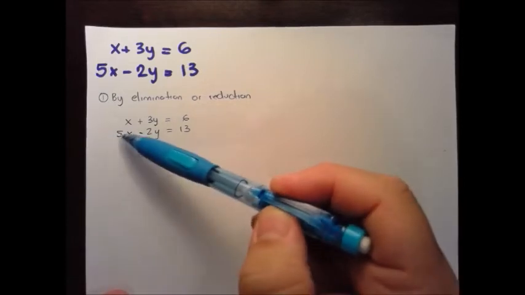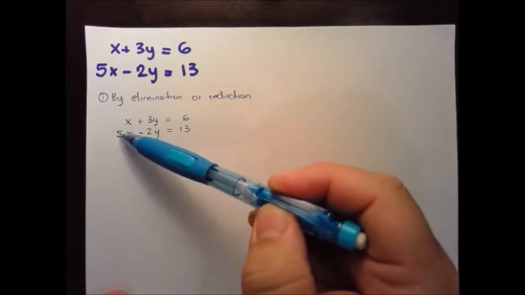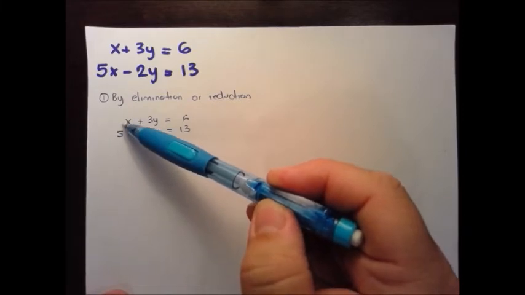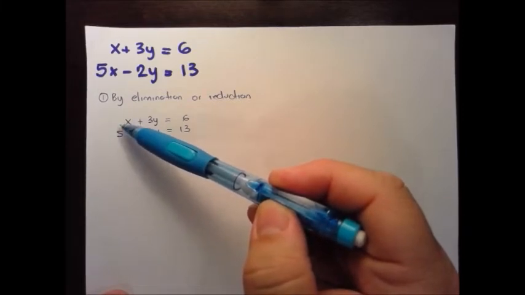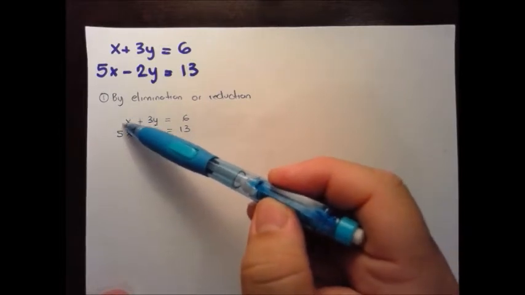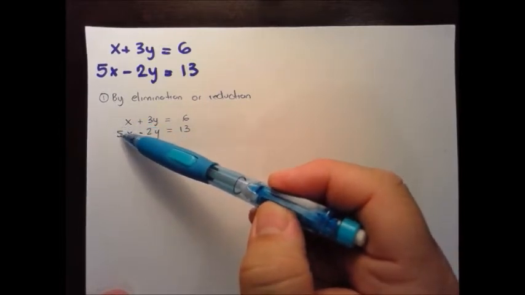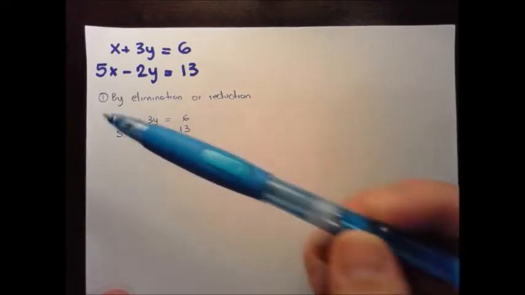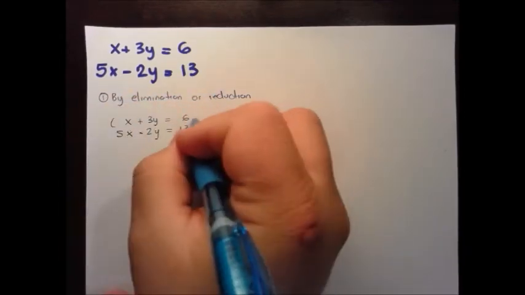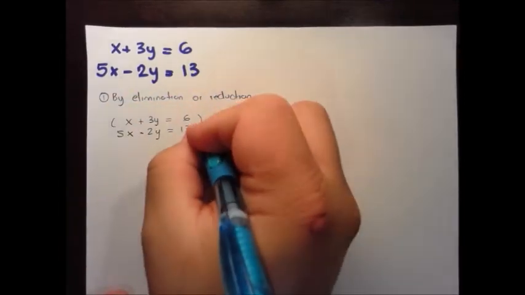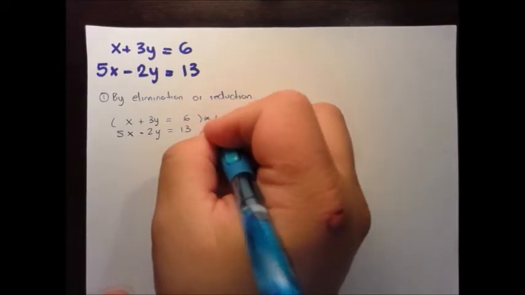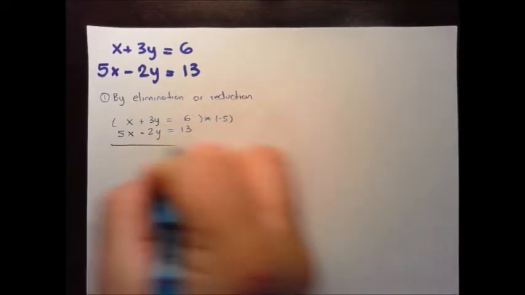What about this one? Can you multiply something by 5 and get 1? Well, the answer is no. But what about multiplying this one by 5 and then multiplying the other by 5 again? The answer is yes. So here it's very easy. Just multiply by minus 5, and then you are going to have this.